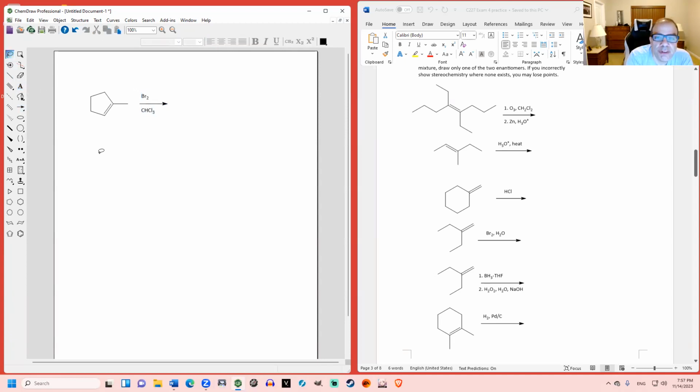Let's say you were given this question. This is not a mechanism question. This is where you have to fill in the product. So this is going to give you the dibromide. And remember, the two bromines wind up trans to each other. So you need to show that. You're aware of that when you draw the product.